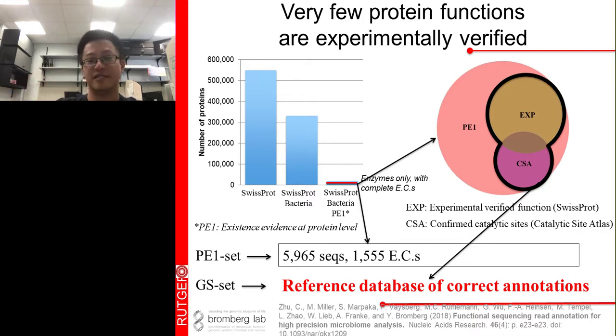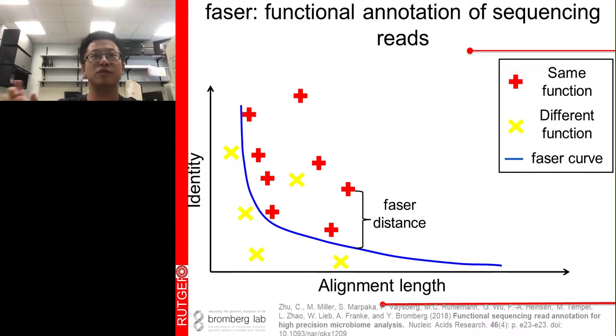We use this set, and we use the same idea to train a curve to separate the same-function alignments from the different-function alignments. However, here the alignments are not protein-protein alignments anymore, but short reads aligned to the full-length proteins.